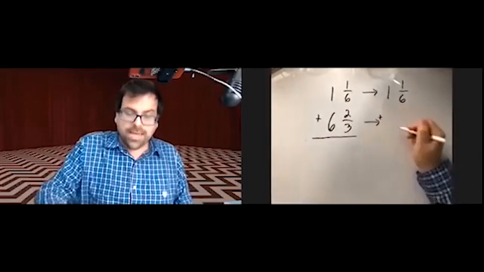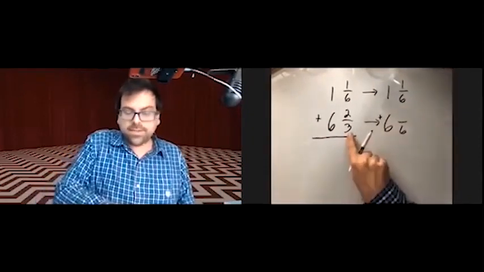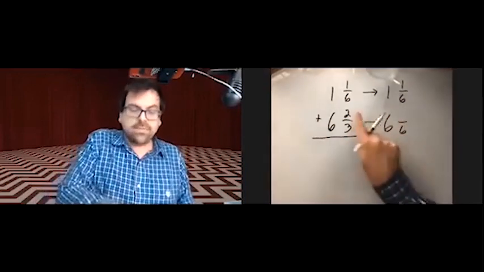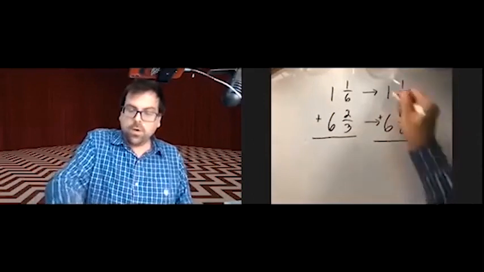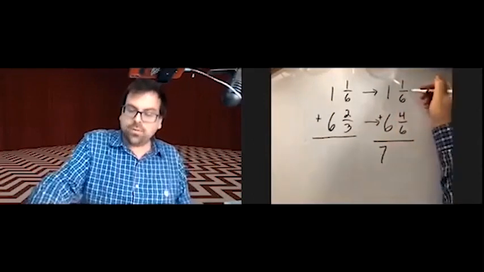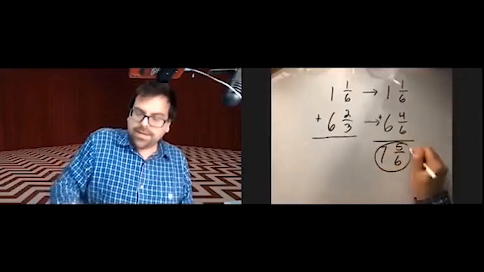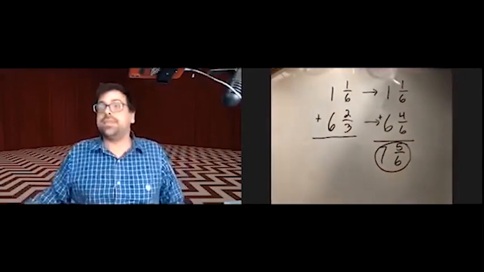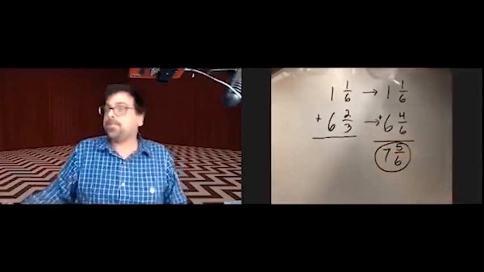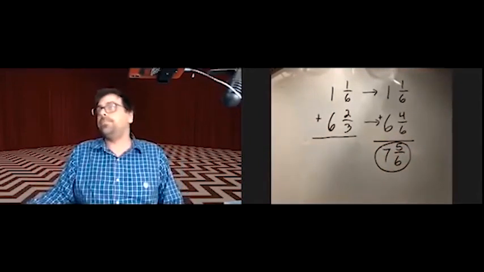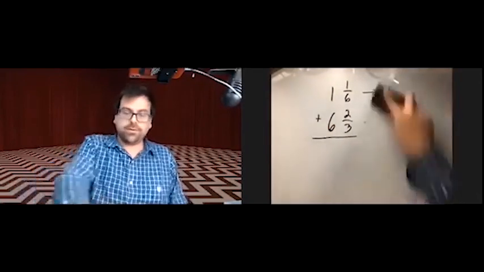But here we're going to be adding 6 and some number of sixths. To go from 3 to 6, it's times 2. 2 times 2 is 4. 1 plus 6 is 7. 1/6 plus 4/6 is 5/6. So 7 and 5/6. Let's do another.